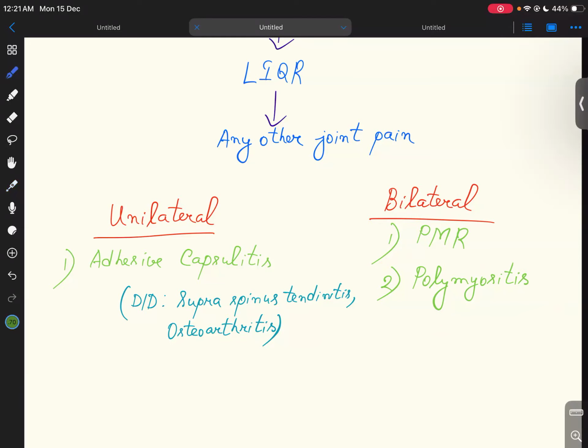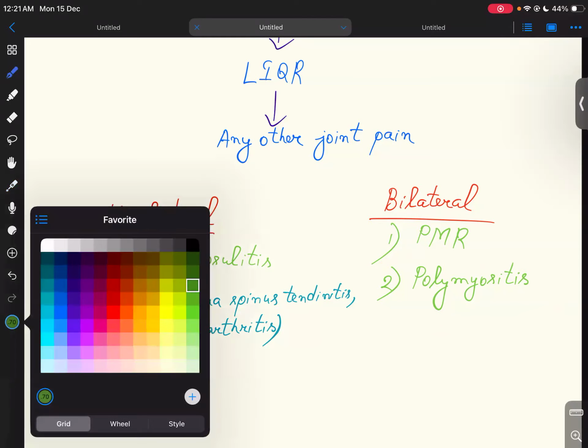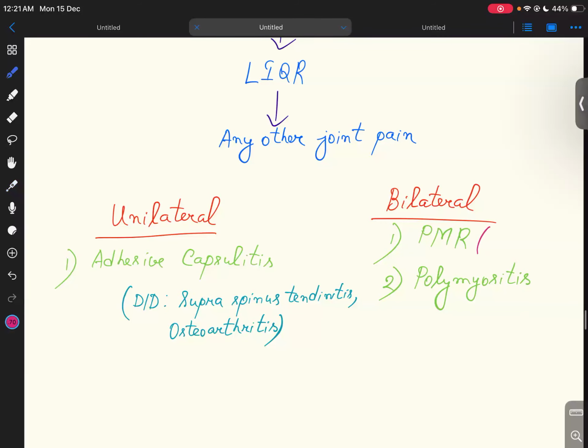Remember this thing. Let me write it. There will be no weakness; in polymyositis, there will be positive weakness. Keep it in mind, doctor.